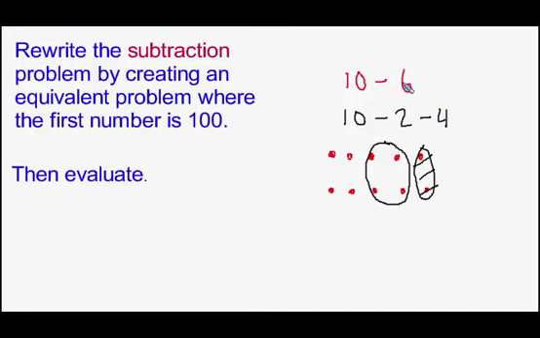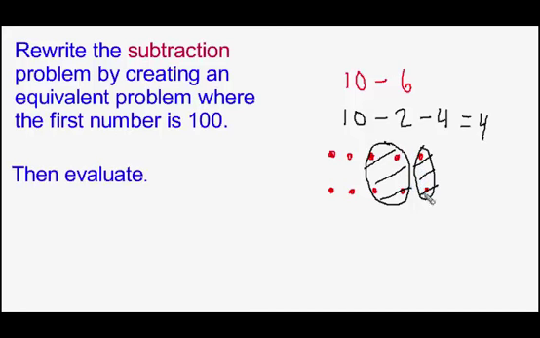So subtracting 6 is equivalent to subtracting 2, and then following that, subtracting 4. In either case, you're left with 4 as a final answer. So the idea is, rather than subtracting off all 6 dots at once, you can break the 6 into pieces and subtract off each piece one at a time.